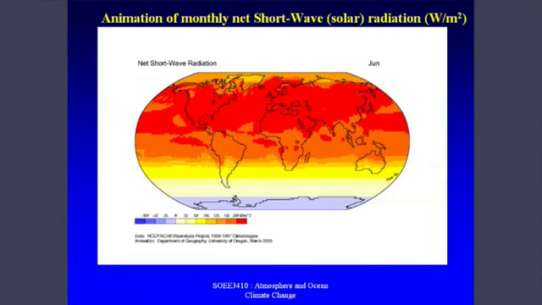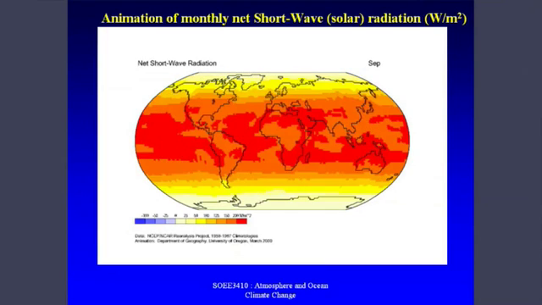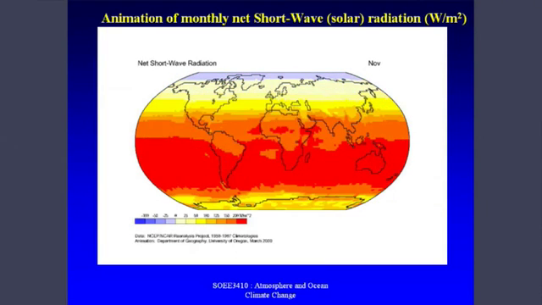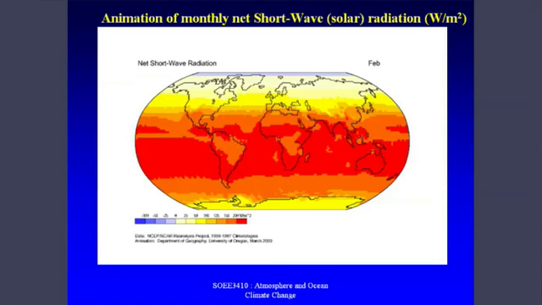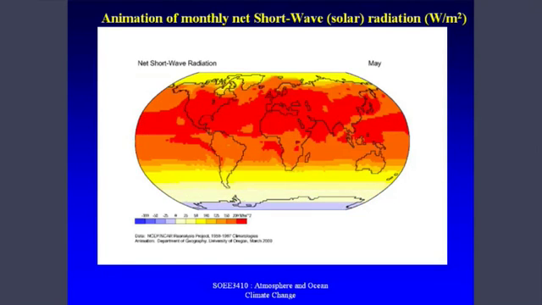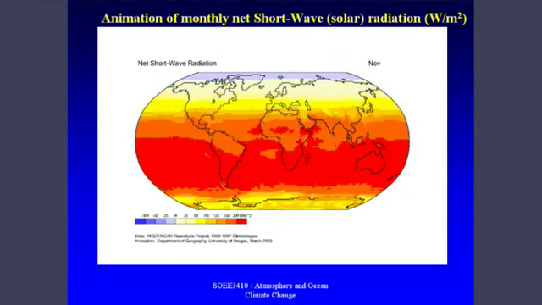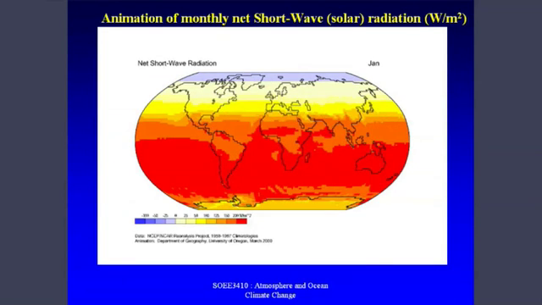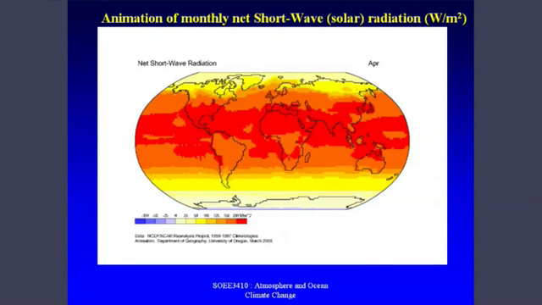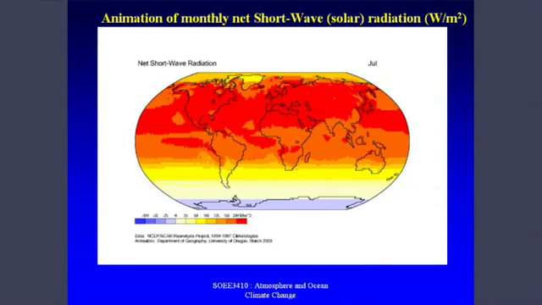And you can see in the summer, the sun is heating the southern hemisphere. And you see these differences. There are areas like over South America where there's less sun, and that's because of the heavy clouds and all the rainforests there. So, next slide.